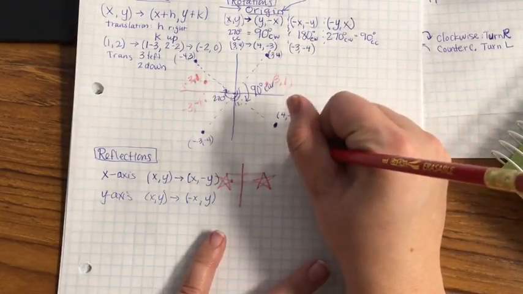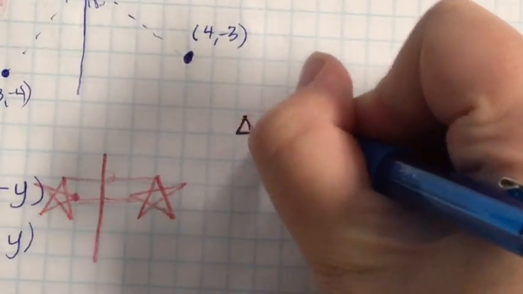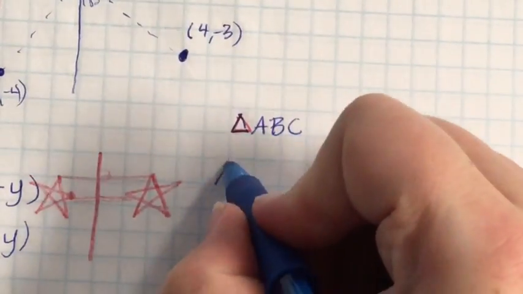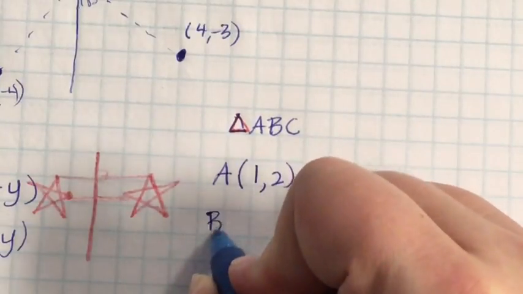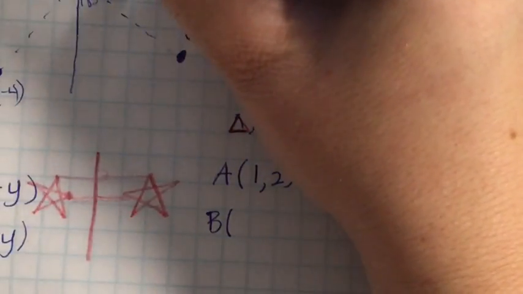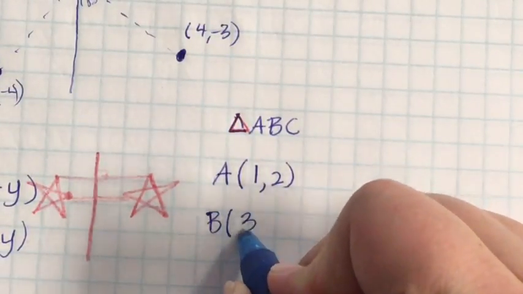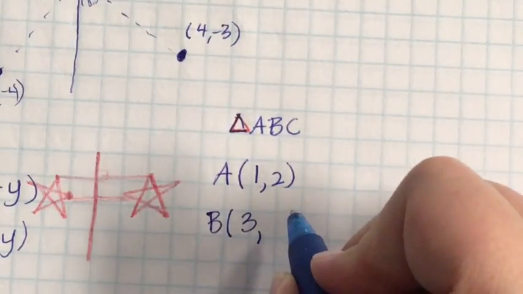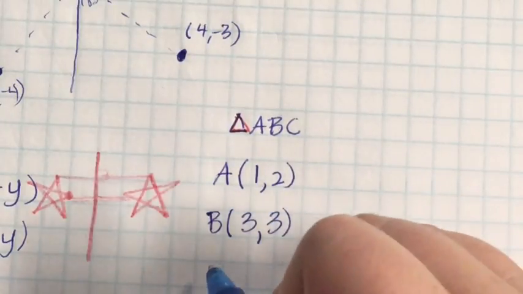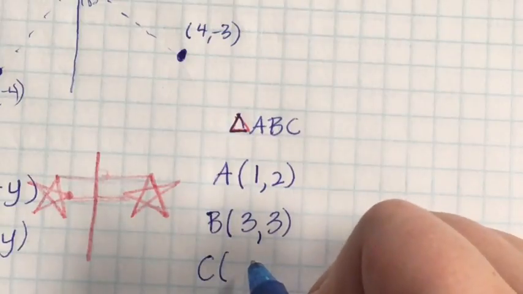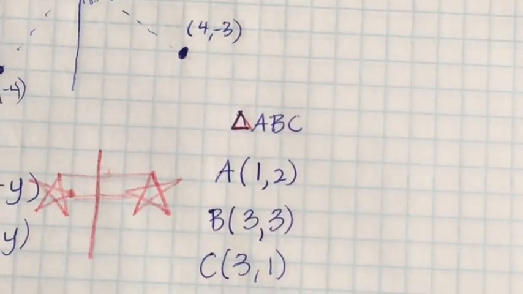So for example, if I had a triangle, and I didn't actually have to draw it, triangle A, B, C, and A was at the point 1, 2, let's say B was at the point 3, 3, and C was at the point, it wouldn't make a nice triangle, it would be a funky triangle, let's do 3, 1.